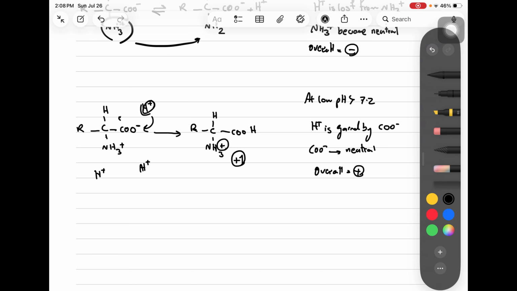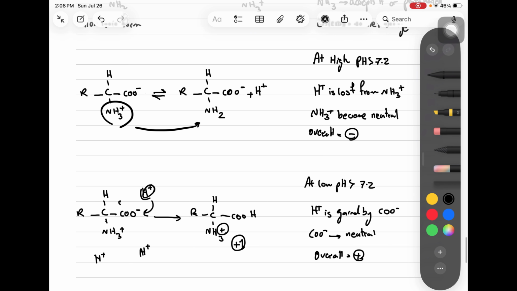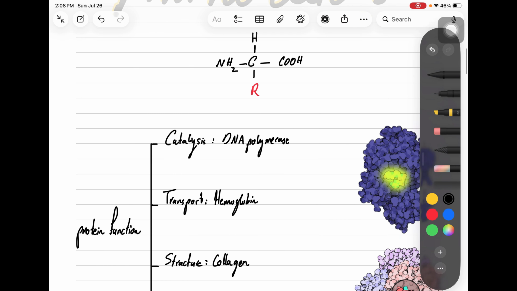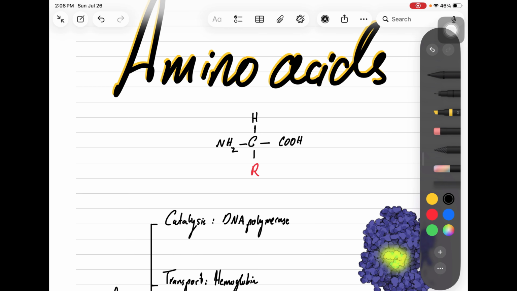And so that's basically how the amino acids react in different pH levels. So let's have a recap and let's bring it together. Amino acids share one backbone. We have amine group, this one. We have the carboxylic group, we have the hydrogen, and then we have the side chain here.